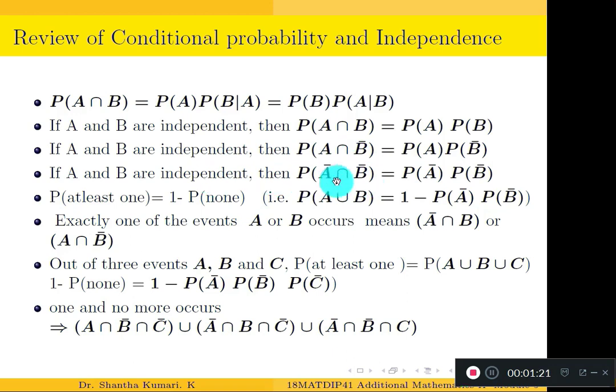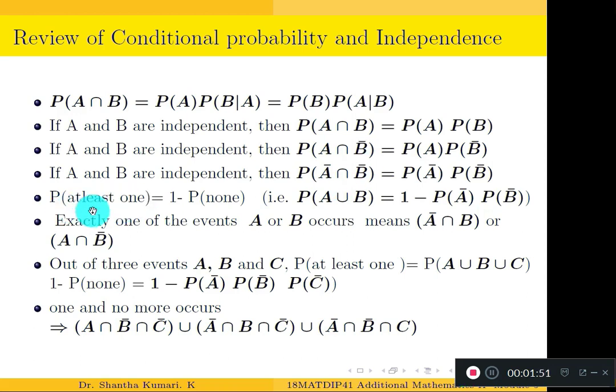One more result: P of A complement intersection B complement is equal to P of A complement into P of B complement. Remember. Similar to this, you can also write P of A complement intersection B. They are also independent. So when you know that A and B are independent, you can take either A and B as it is or their complements, but all are independent.